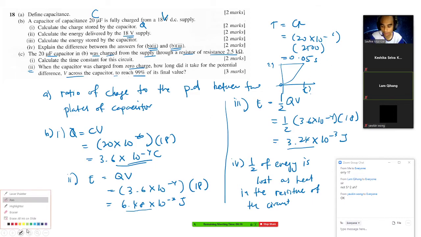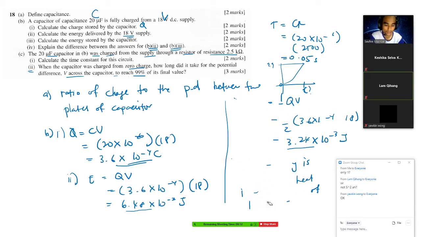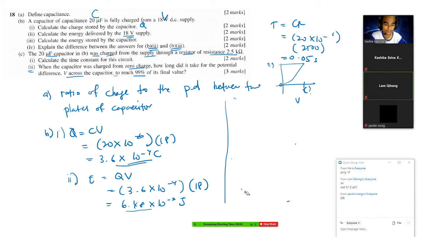I think I need to erase some of these writings on the board. Okay, so we know that V equals V naught times (1 minus e to the power of negative T over CR).